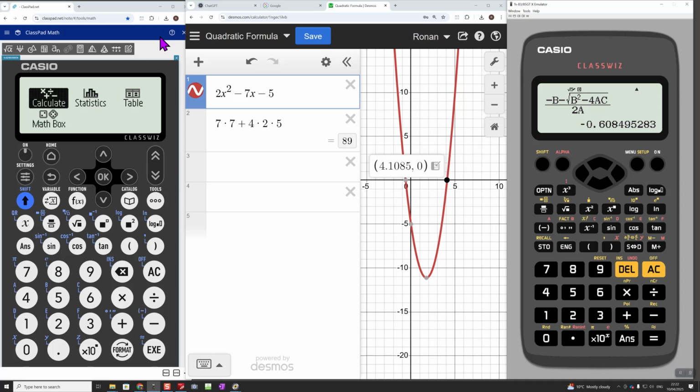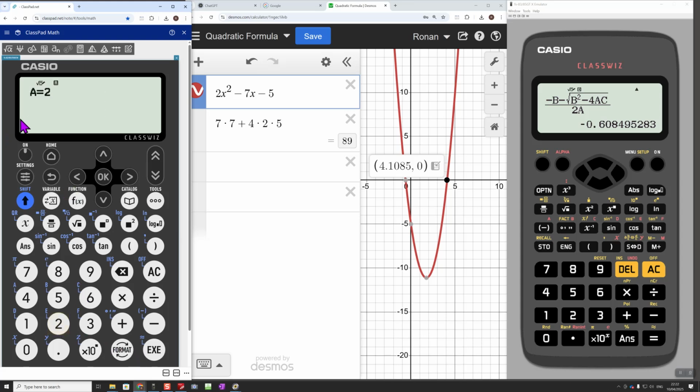Okay, doing the same calculation on the newer calculator here. We'll get into calculate mode first. I'll have a look at our variables. And for a, I want to hit 2 equals, and 2 is in there. I'm learning this as I go. What happens when I press OK? I'm back here. I come over to b.